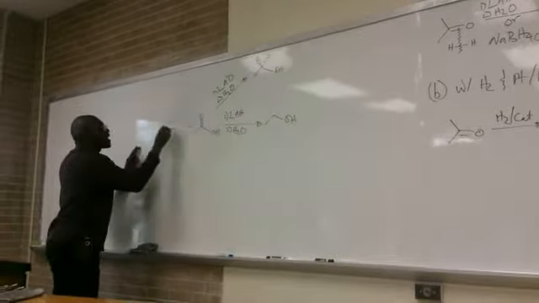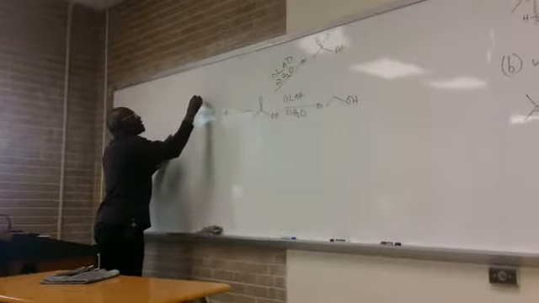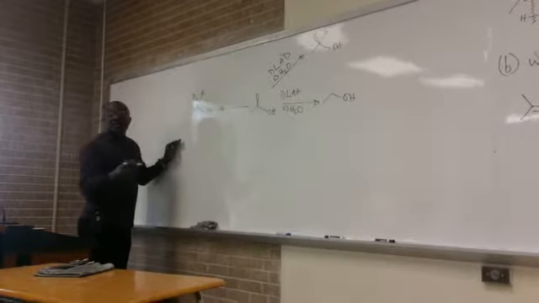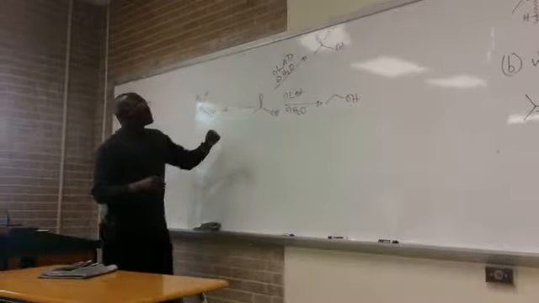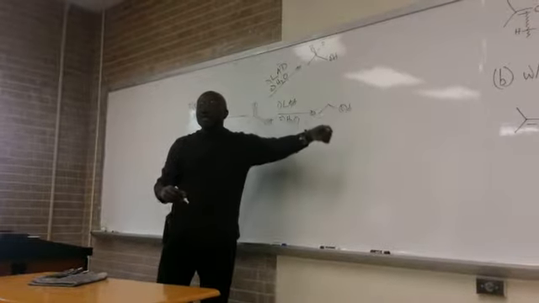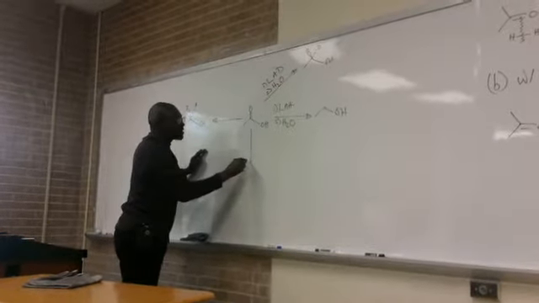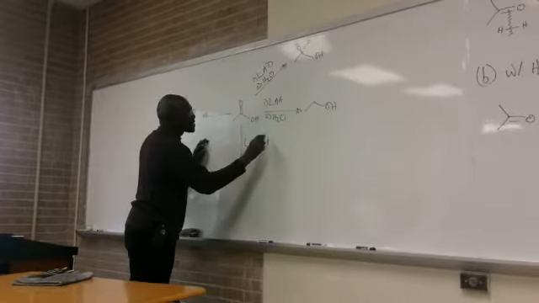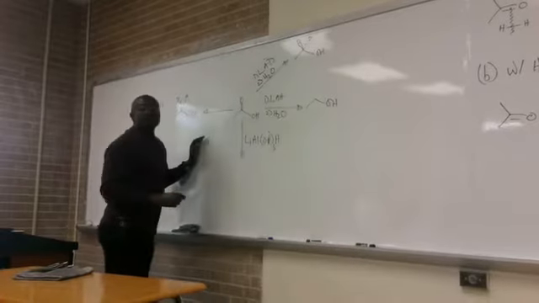But suppose I want to convert it into chiral ethanol, D and H, or D and T, or whatever. How do I do that? Because the problem is that using LAH or LAD puts on both H's or both D's or both T's. So here's what I would do. I would take this and use lithium aluminum tris T-butoxy hydride, for example.